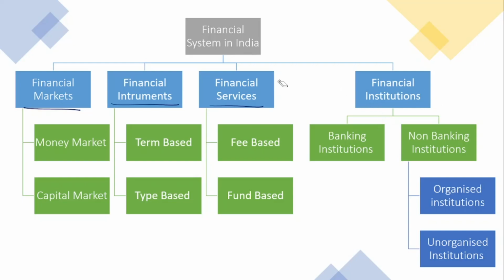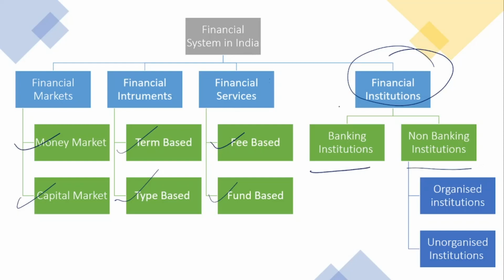Again, when we look into financial market, we have money market and capital market. When we come to financial instruments, we have term based and type based. Financial services, we have fee based and fund based. In financial institutions, we have two types: banking institutions and non-banking institutions.